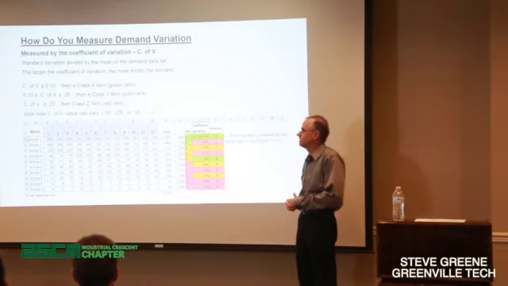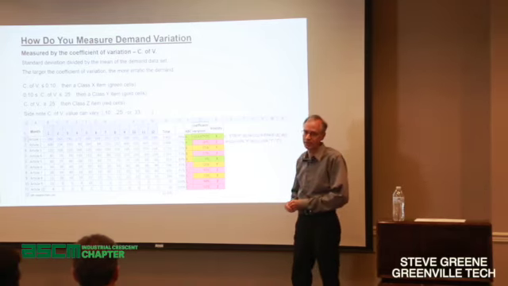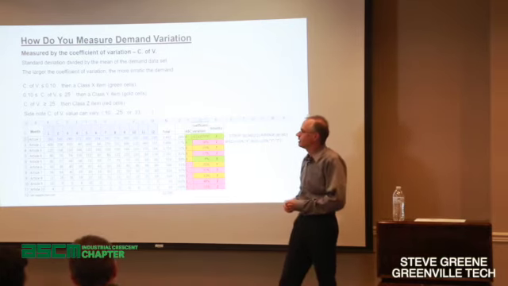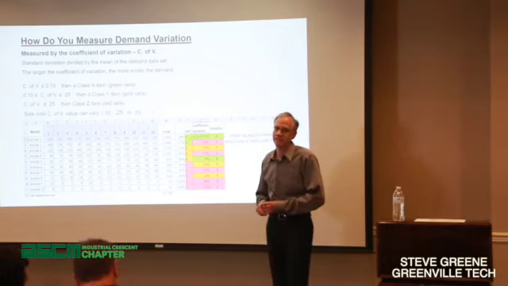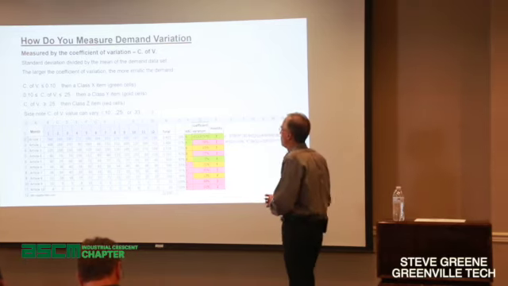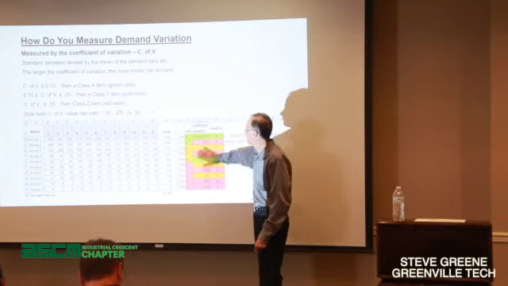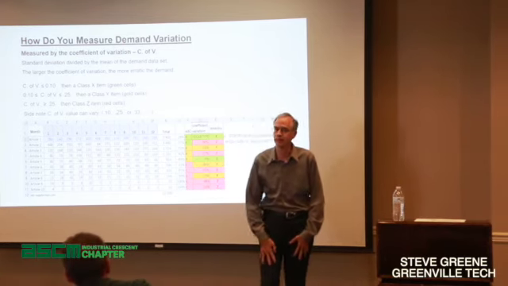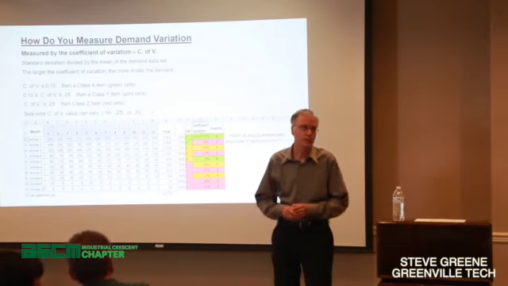And if your CV is greater than or equal to 0.25, then you have the Z items, which is the most variation, which is the red cells. It's important to note that the C of V does not have to be 0.1, of course. It could be anything. I use 0.1 because this is what is reflected in the spreadsheet. But a lot of times the C of V is going to be 0.25 or 0.3.